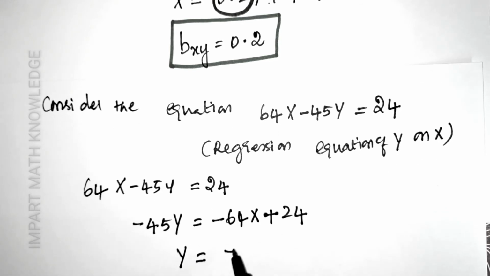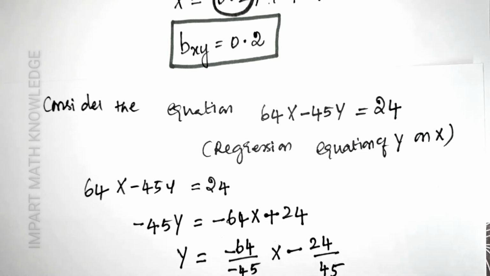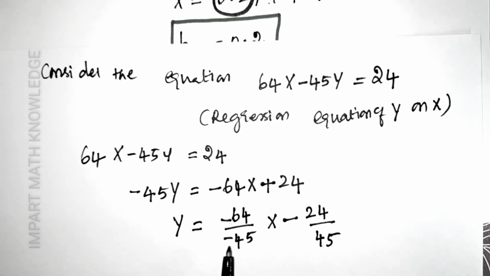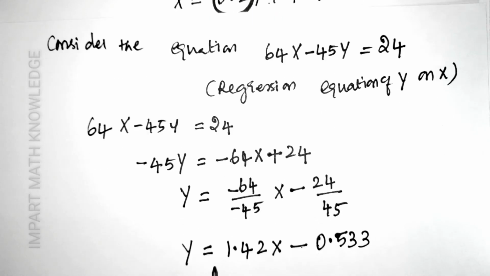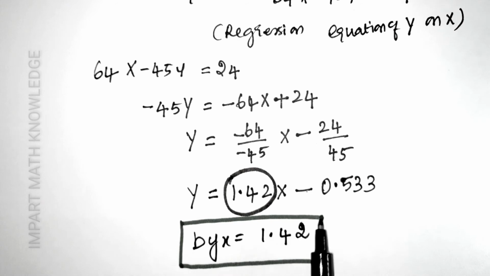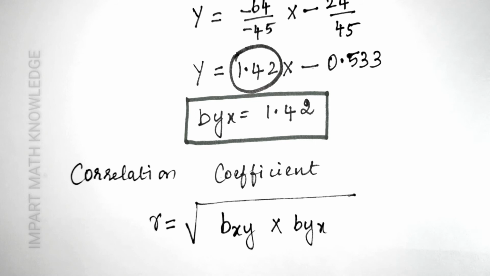Now y is equal to minus 64 by minus 45 x minus 24 by 45. The negative signs cancel, so y is equal to 64 by 45, which is 1.42, x minus 24 by 45, which is 0.533. From this equation, the regression coefficient byx is equal to 1.42.